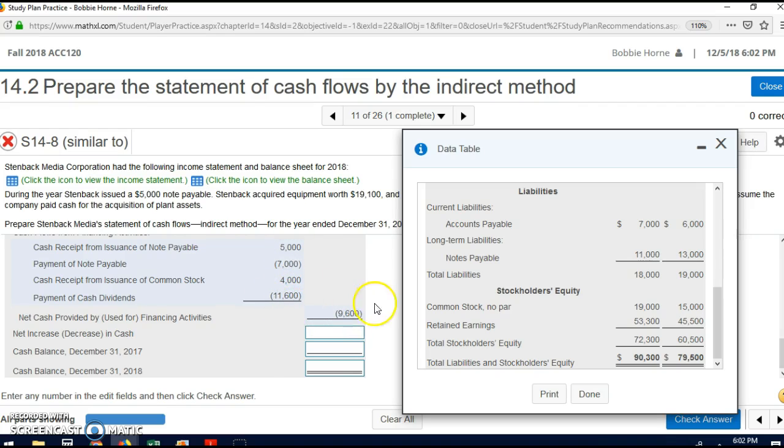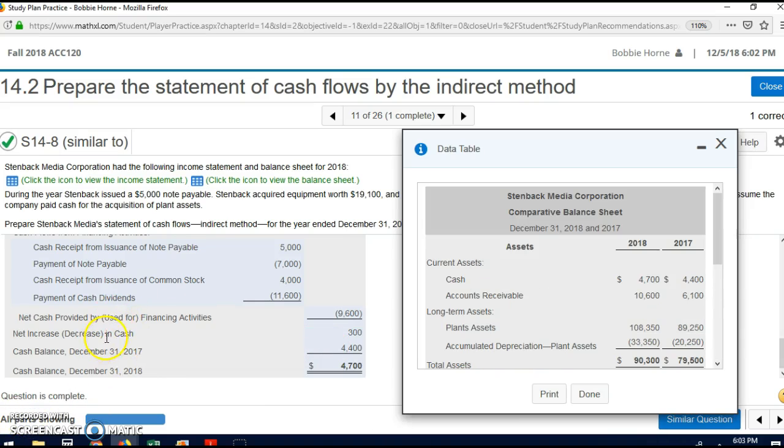So you net those numbers and you get $9,600. So the change in cash is $4,400. It went up by $300. The beginning cash balance was $4,400, and the ending cash balance was $4,700.